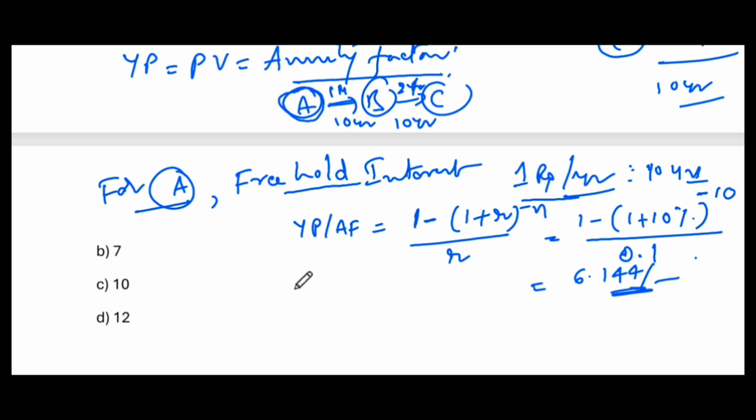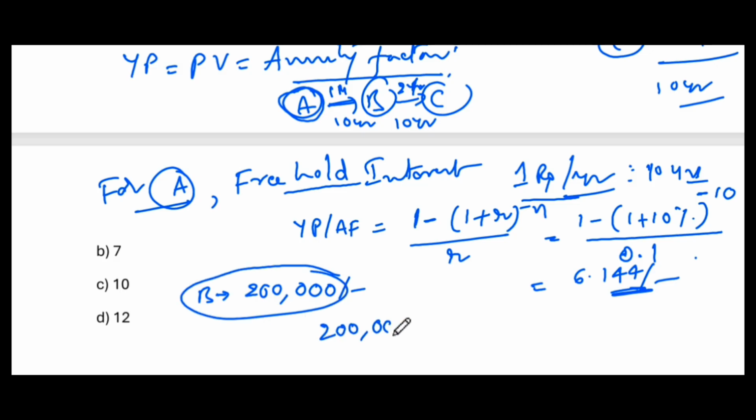if the same property is generating 2 lakhs. So B is giving 2 lakhs to A. Okay. So what is the freehold interest of A? 2 lakhs into 6.144.